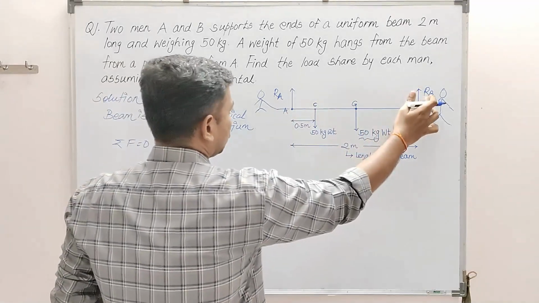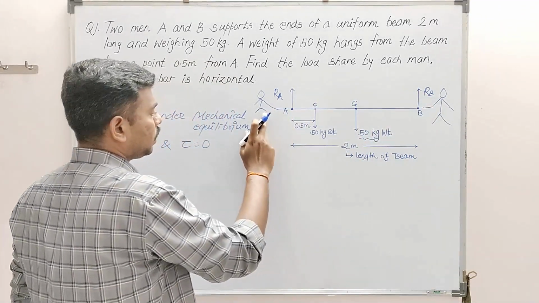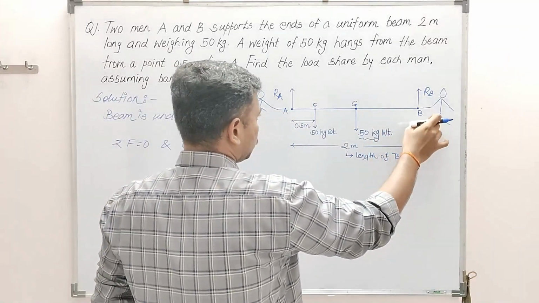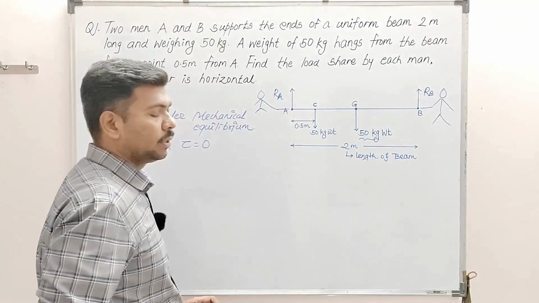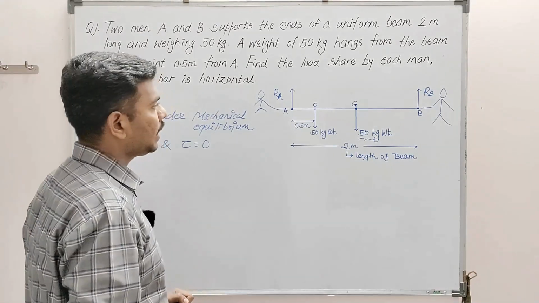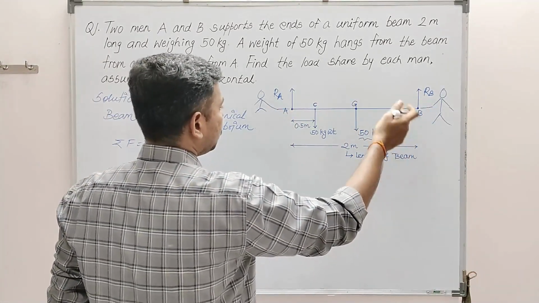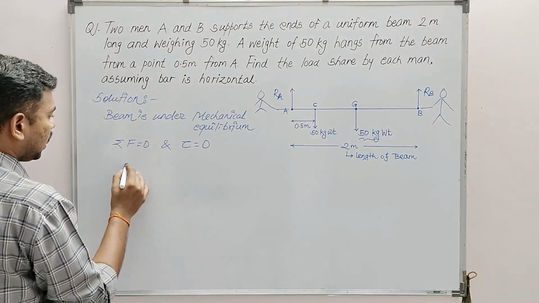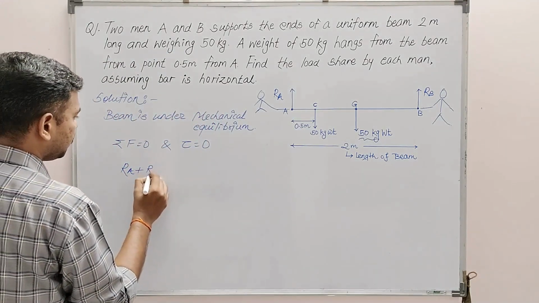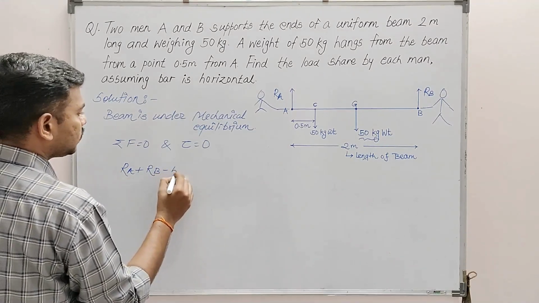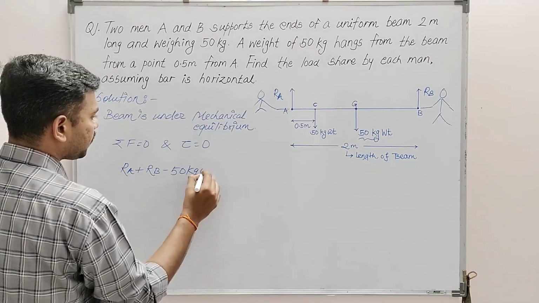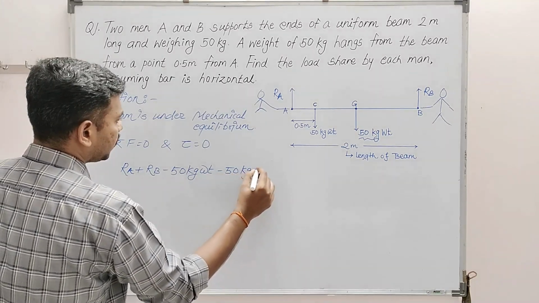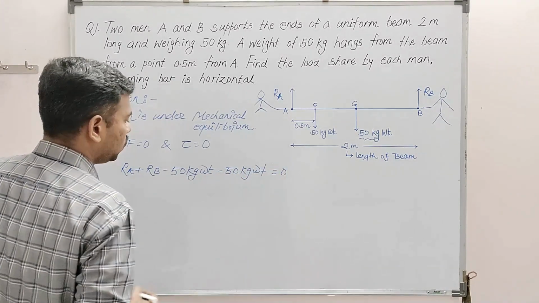And these two are the forces because of the normal reaction provided by person A and the normal reaction provided by person B. Hence, RA and RB both acting upside. And in this way, we can write RA plus RB minus 50 kg Wt minus 50 kg Wt is equal to 0.